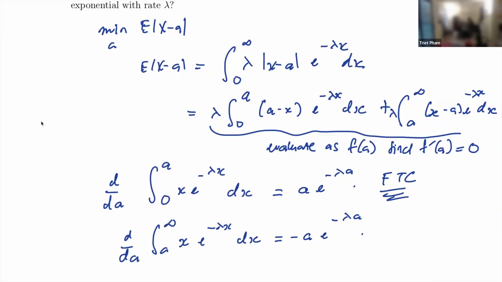What's going on here? Remember, something has derivative equal to 0 only if it's a constant. Does that mean that this expression is a constant in terms of A? No way. So what's wrong?